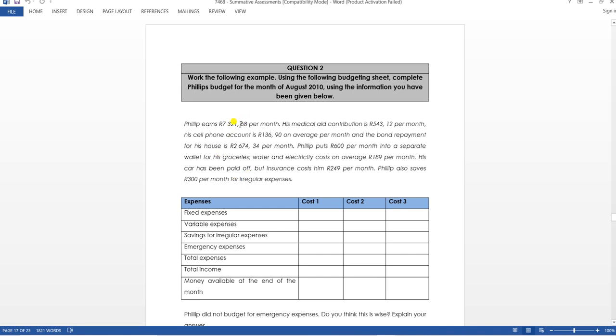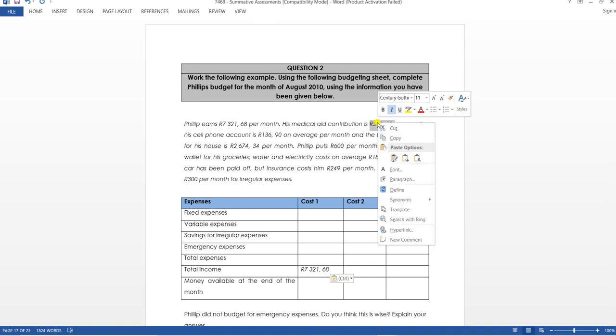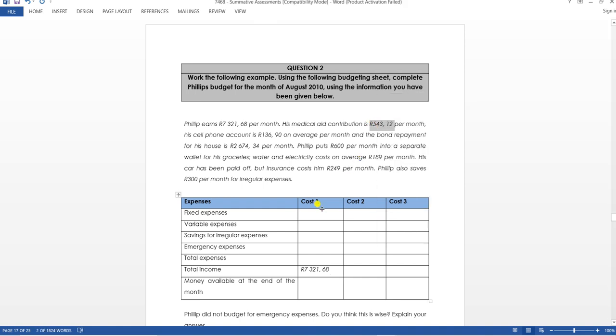So Philip earns about 7,321 and 68 cents. Let's copy that. This is the total income that Philip earns, and his medical aid contribution. Medical aid is fixed, it doesn't change. So we'll take this, copy that.